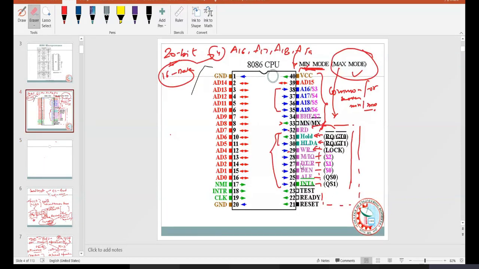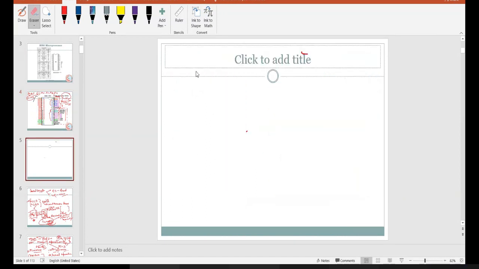All right, so next we have DT oblique R bar, and next to DT oblique R bar is DEN. These two signals work together.